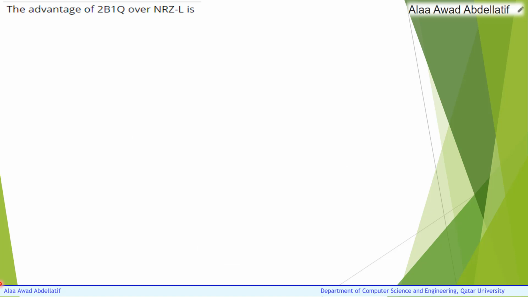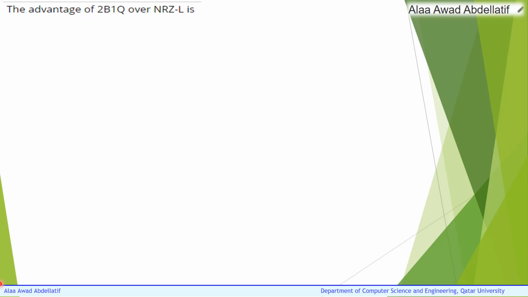The advantage of 2B1Q over non-return to zero L. What is the value of R for non-return to zero L? R is the number of bits per signal level. For non-return to zero L, R equals 1.